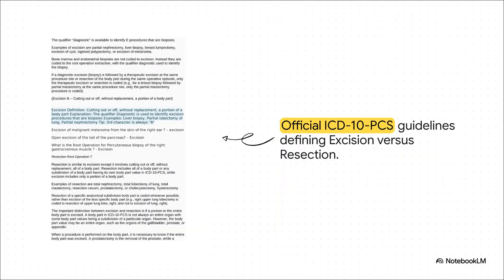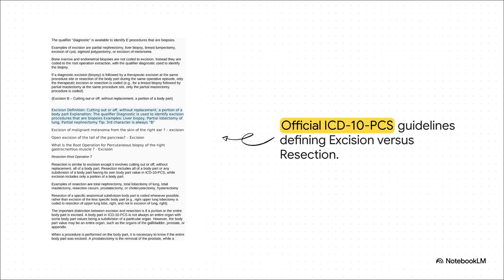Now, what gets really interesting is applying this logic to prostate and testicular procedures. Take a radical prostatectomy for adenocarcinoma, like an open or robotic-assisted laparoscopic approach, which lands in DRGs 707 and 708. That is coded as a resection. But a transurethral resection of the prostate, or TURP, despite the name, that's actually an excision because they're only removing a portion.